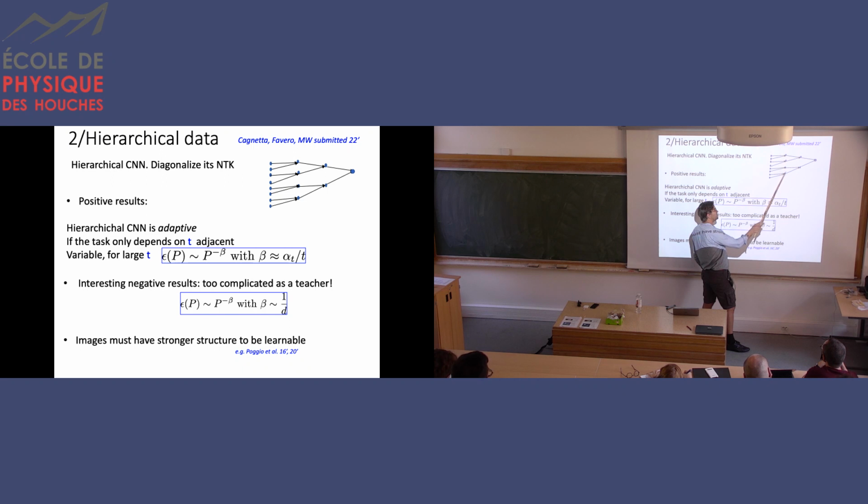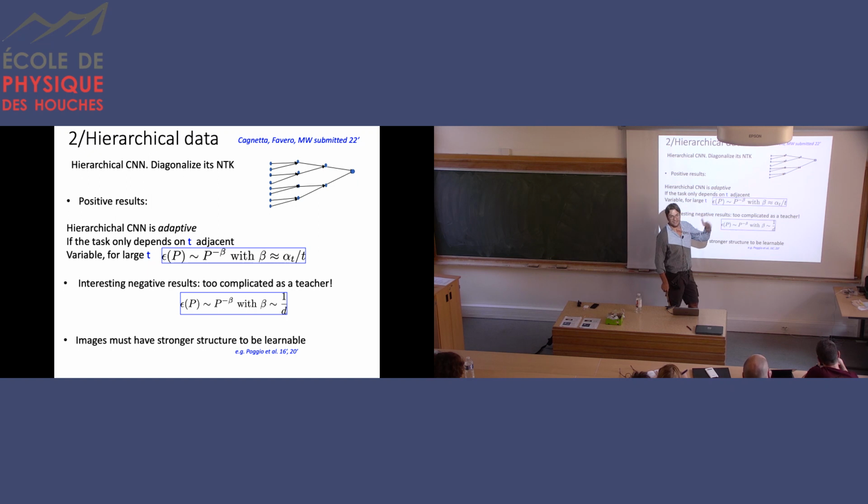Now each node here, think of it as an infinite number of hidden neurons, a very large number of hidden neurons. So we look at CNNs of that type. And again, what we did here, and Francesco was the driving force behind this calculation, is to diagonalize the neural tangent kernel of networks of that kind.